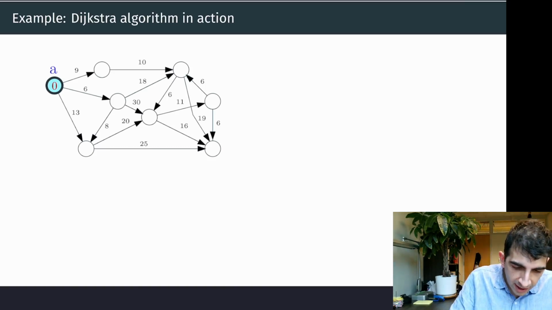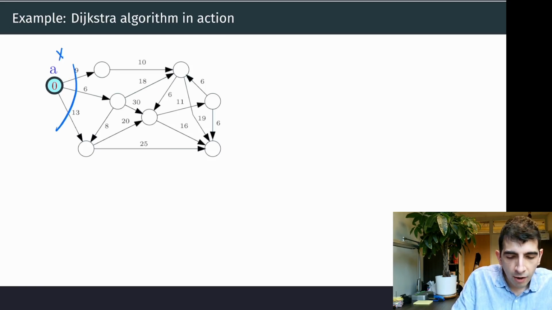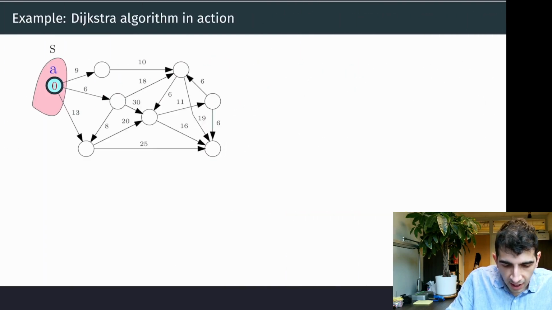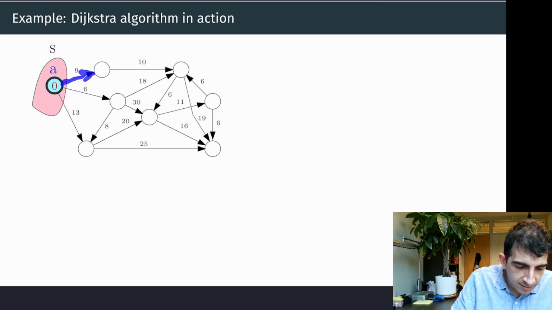Let's start off with x as x right here. This is x. And so how far away are the other vertices? Well, all that really matters is how far away are the vertices that have edges coming out of x, right?